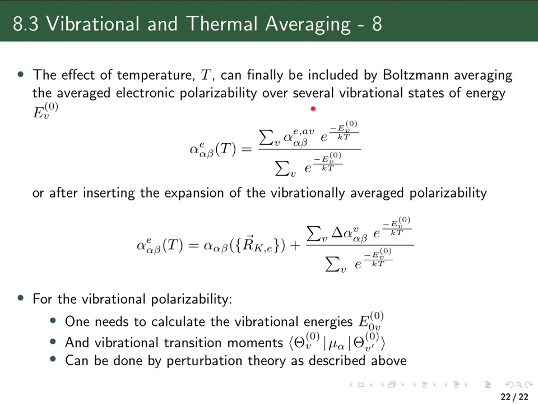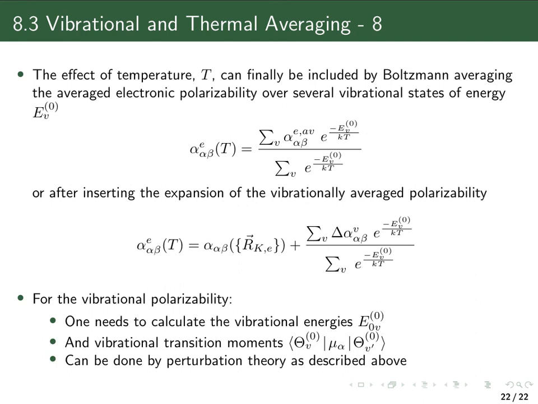And then we have to make a normal Boltzmann averaging where we here have the vibrational energies. And then this can of course be done again with our expansion of the vibrationally averaged polarizability in terms of the value at the equilibrium geometry. And then we have to actually just Boltzmann average the vibrational corrections.